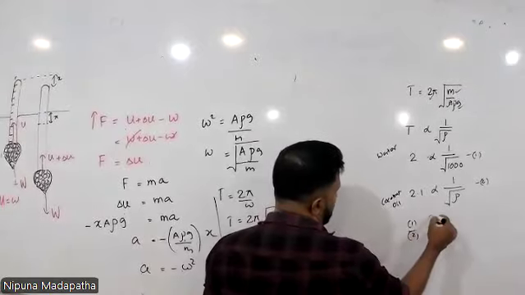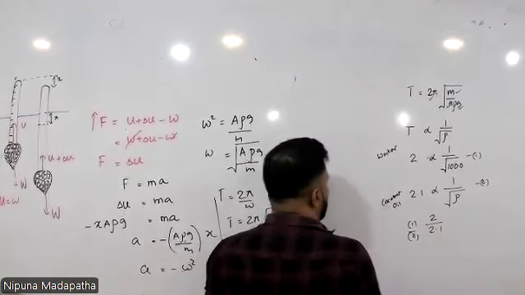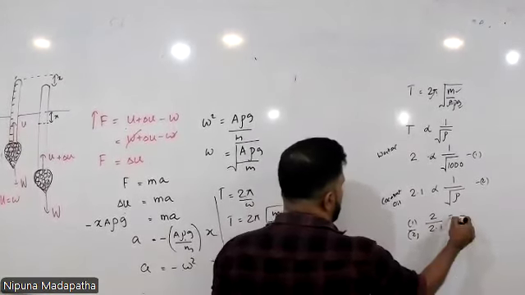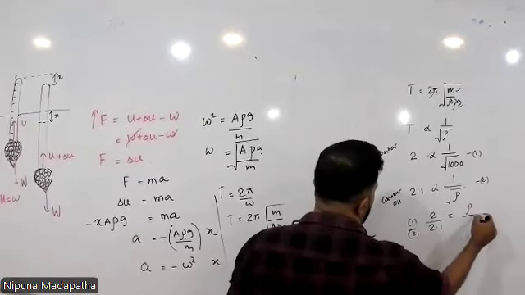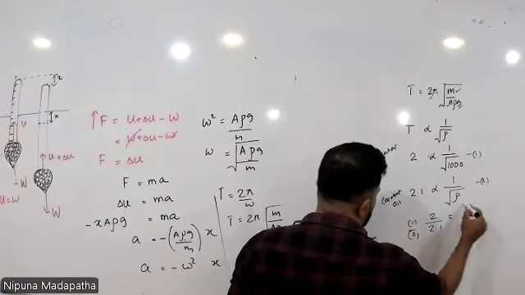Divide them: 2 over 2.1 is equal to the square root of rho over 1000.